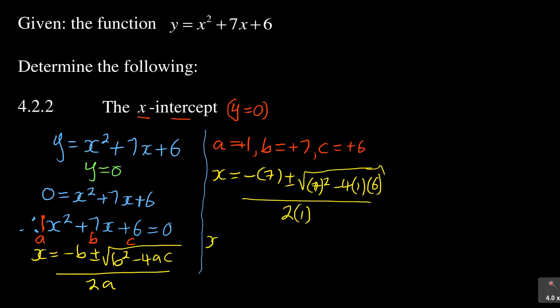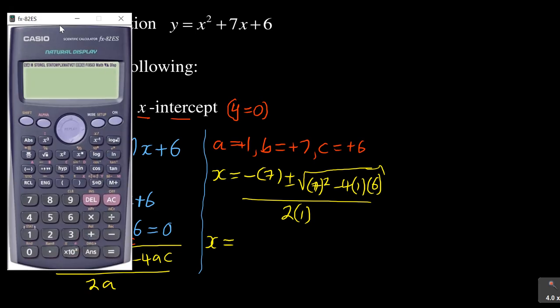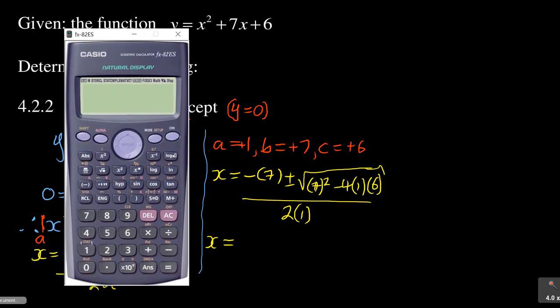So you have got your x is equal to, it will give you two answers, one is positive and one is negative. So it's a fraction, which is minus 7. You can start with the positive one, and square root of 7 squared minus 4, 1 and 6.